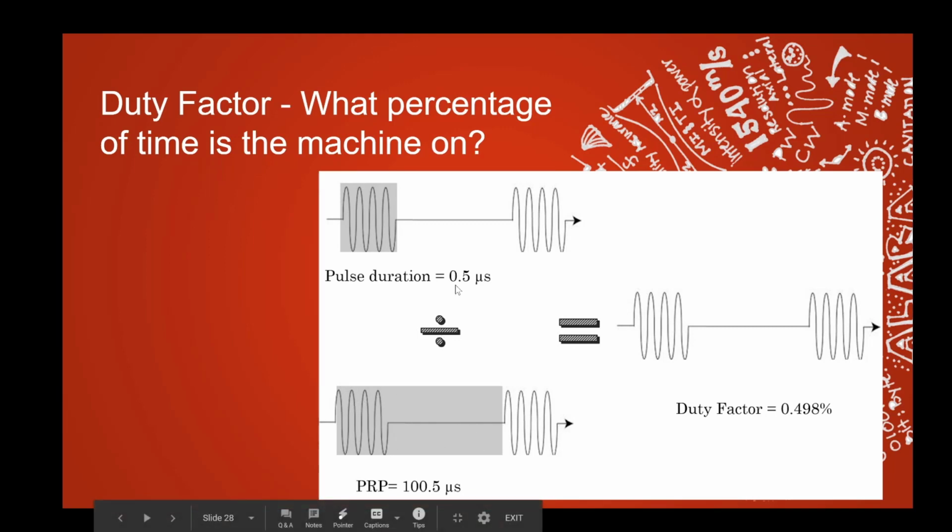So in our example here, we have half a microsecond divided by 100.5, the half microsecond for pulse duration and the 100 off time. So we take that 0.5 divided by 100.5, and in the end our duty factor then is 0.498%. So about 0.5%.